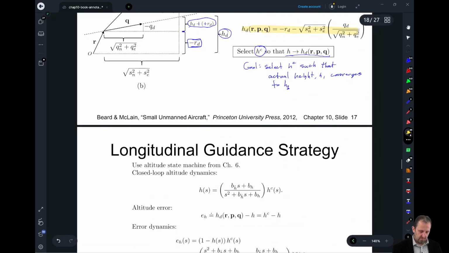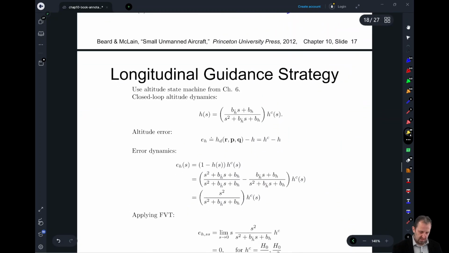So now if we look here, this is our model for the autopilot.